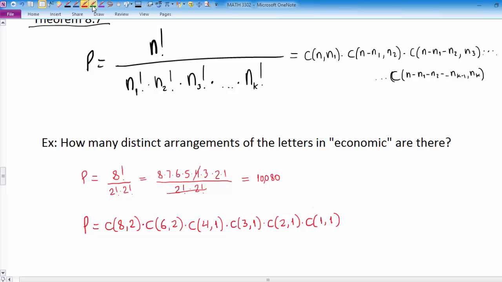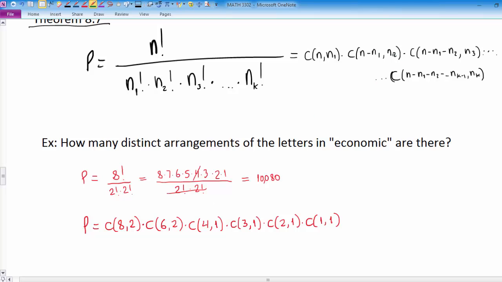Now I want to mention exactly what this is saying. The total number of objects is 8. Here's N, and then here's the first group of repeated letters or objects. The number of those objects is 2. Then here it's 6 because it's N minus the number of elements in the first group. So that's why it's 6 here.